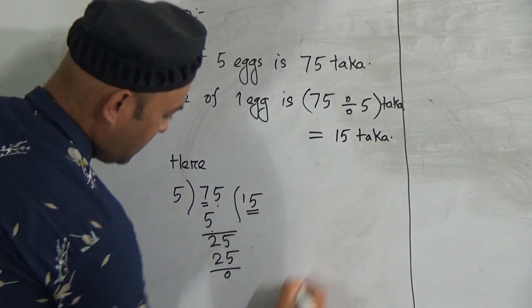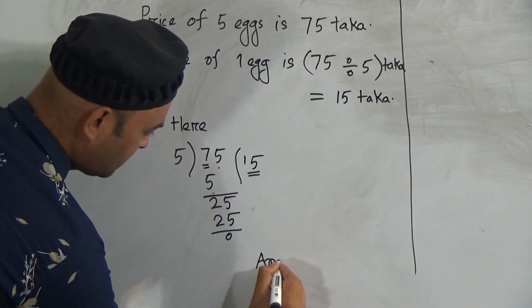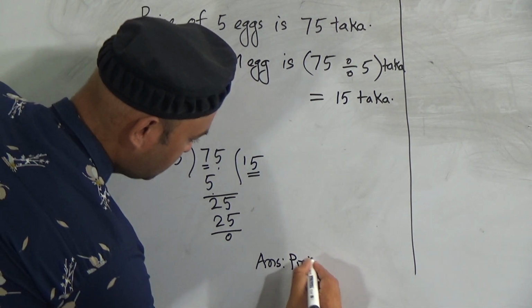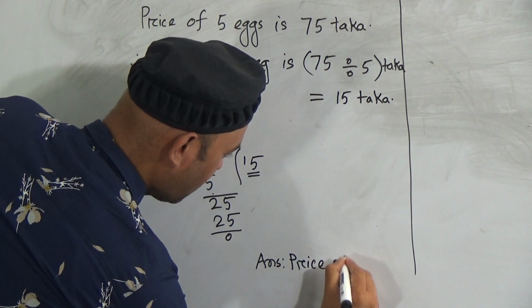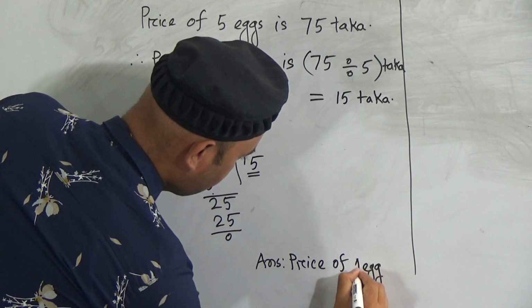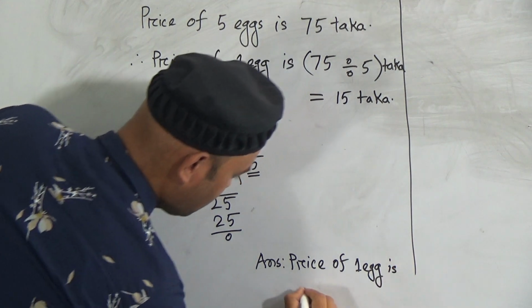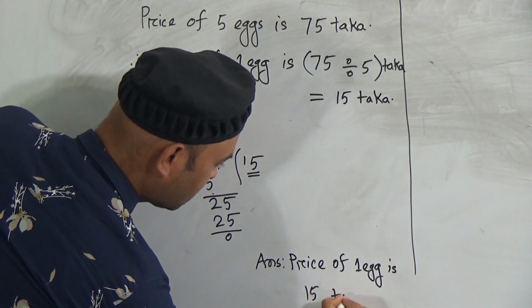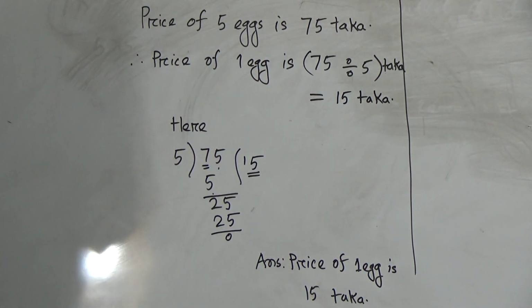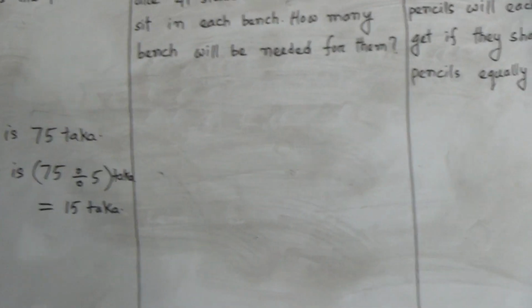So the answer is, the price of 1 egg is 15 taka. Hope, my dear students, you understood this one. Now go to the next question, question 2.